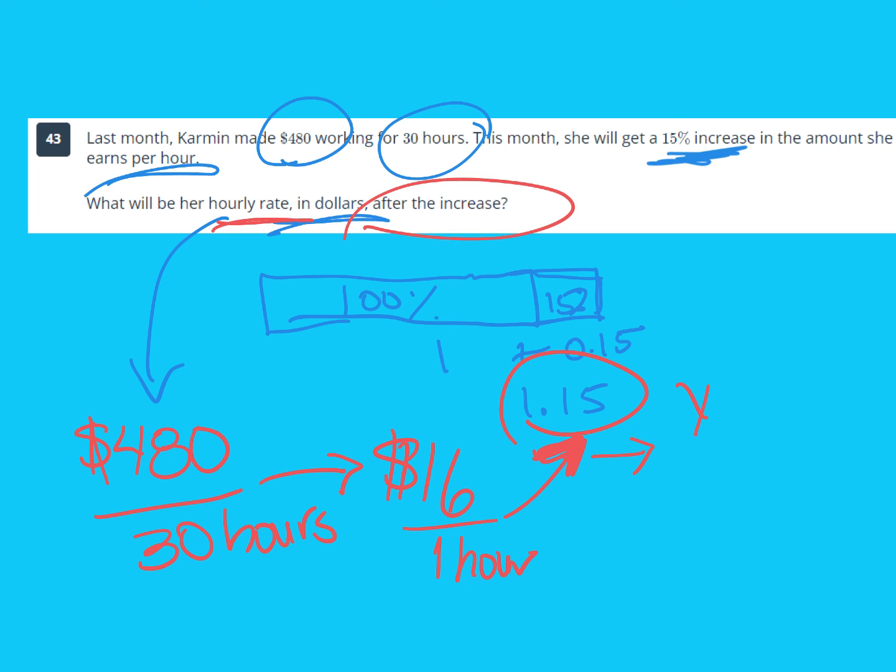So it'd be like my y equals 1.15x. So our new hourly rate is $24 per hour.